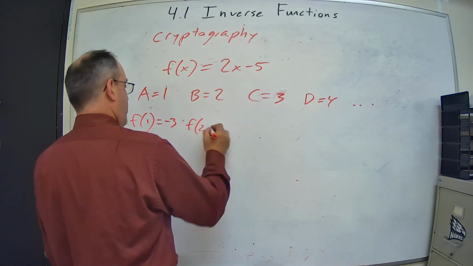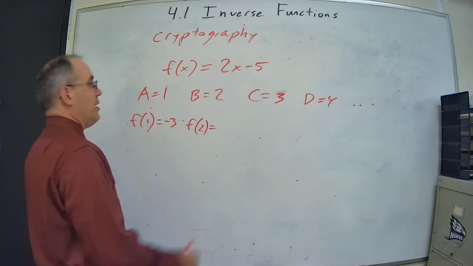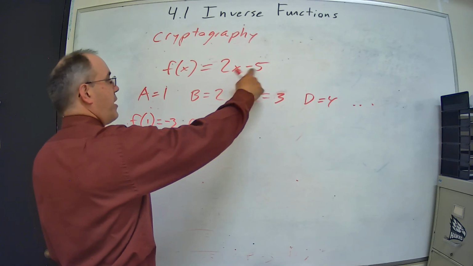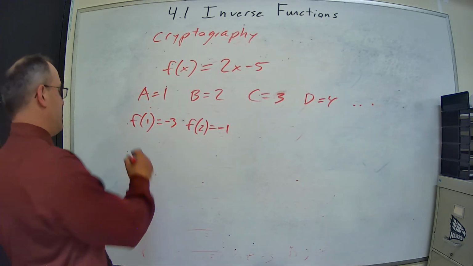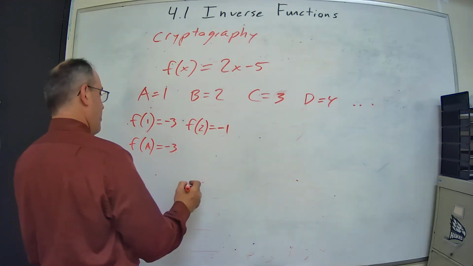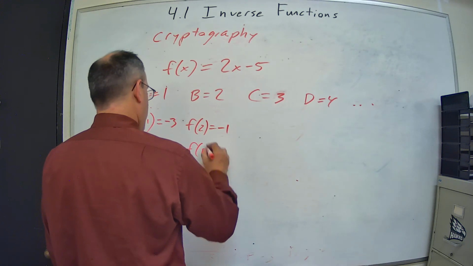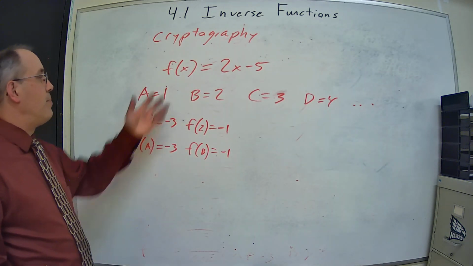F of 2 is 2 times 2 is 4, minus 5 is -1. Right? So we can do that. You could even say that f of A is equal to -3. F of B is equal to -1. Right? So we have this encryption.